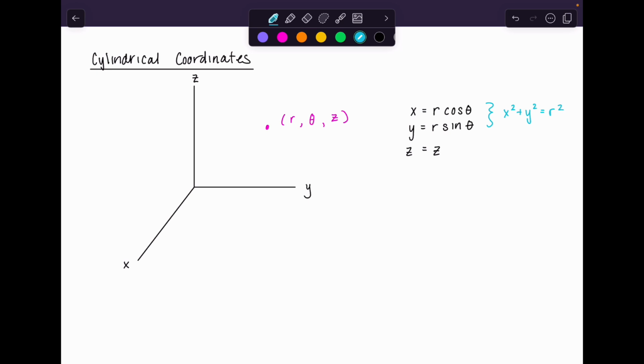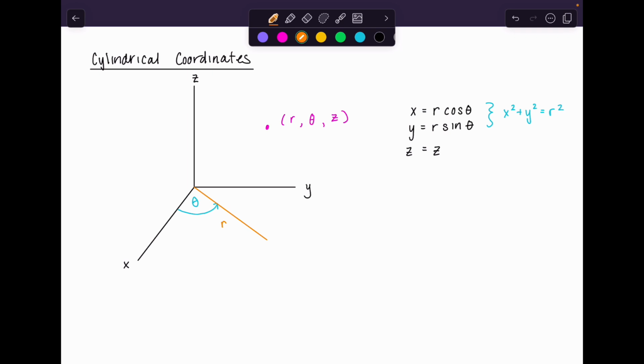If you remember in polar, what we would do is we would plot the angle first, and then we would use the radius. If it had a negative radius, you shoot through the pole. So here, we're always going to go through, and we're going to plot theta first. So theta goes out in this direction. Then we have that r value that tells you how far out to go from the origin.